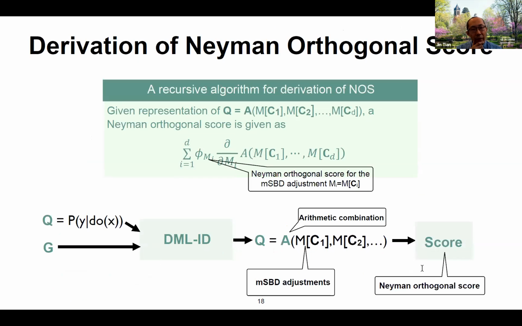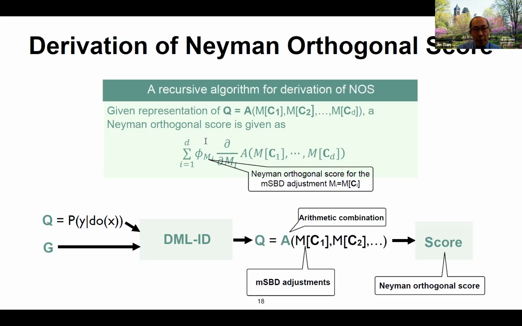Now, with this observation, given that we are able to derive the Neyman orthogonal score for the MSBD adjustment, we try to derive a Neyman orthogonal score for the general expression of any such arithmetic combination. Here, this phi_i represents the Neyman orthogonal score of the MSBD adjustment.